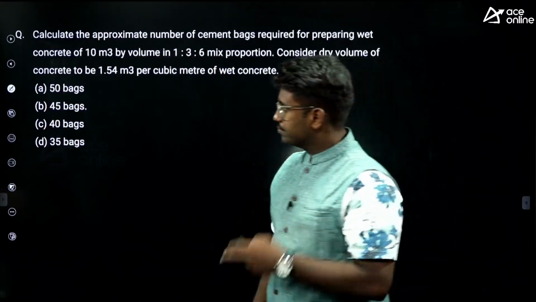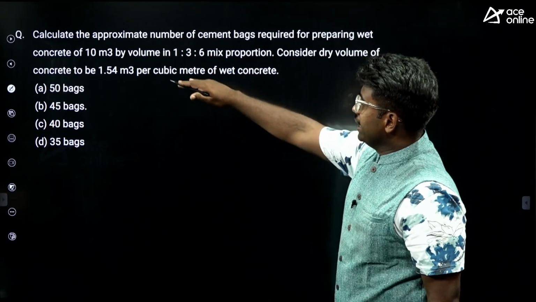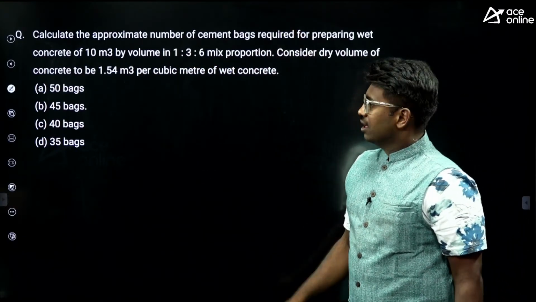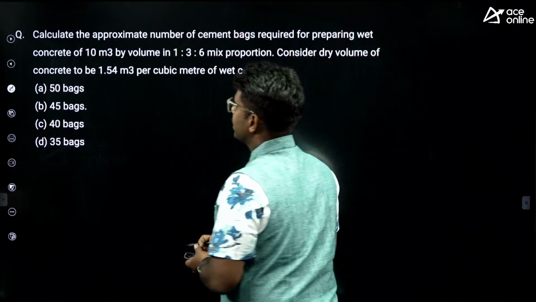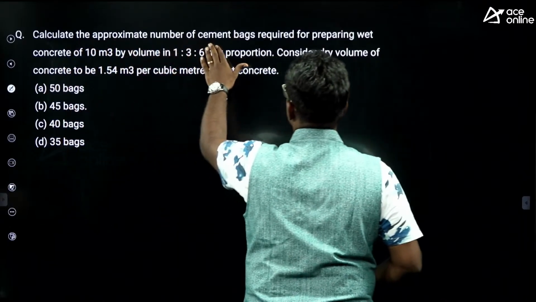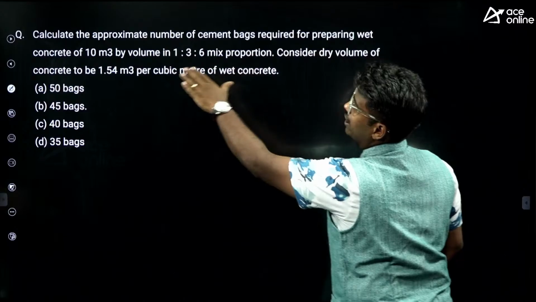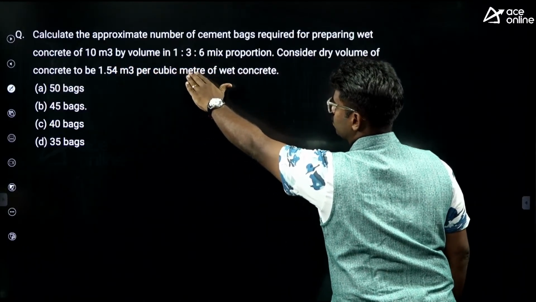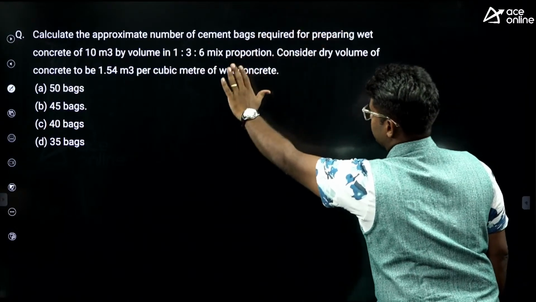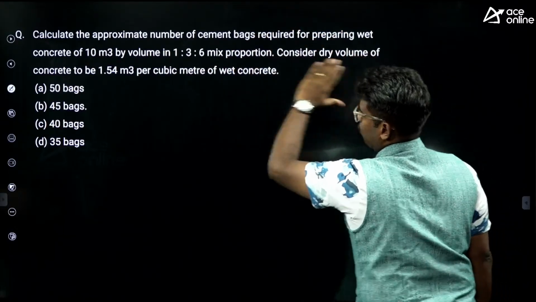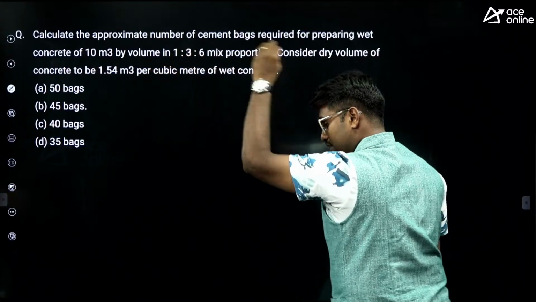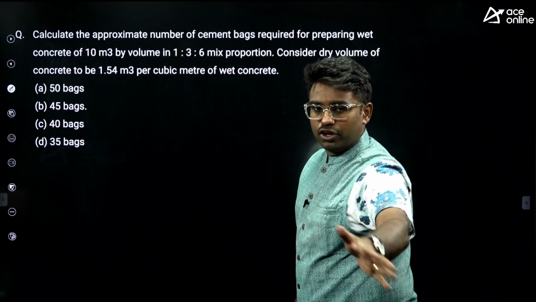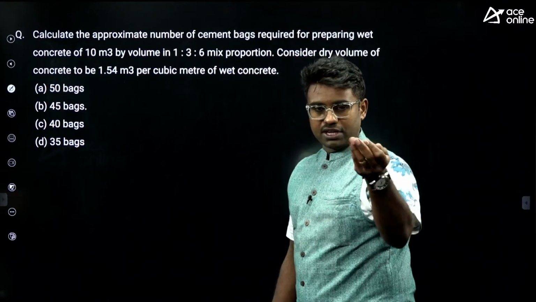Okay. Next one. Calculate the approximate number of cement bags required for preparing wet concrete of 10 meter cube by volume, 1:3:6 mix proportions. Consider the volume. He has already given the dry volume, so no need to find out the wet volume again, that was just converting.